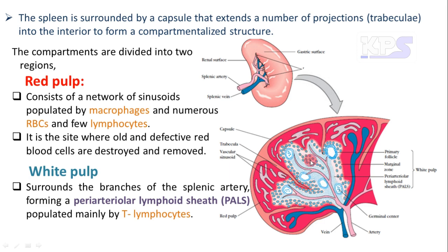These branches are surrounded by a region, the white pulp, which consists of a large number of T lymphocytes, and this area is thereby called the periarteriolar lymphoid sheath, or PALS.